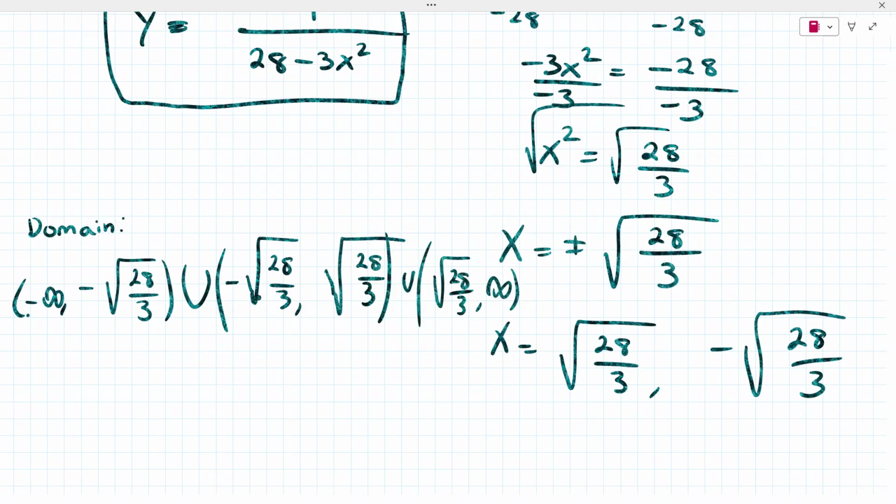So basically, all real numbers except x cannot equal this value and this value.